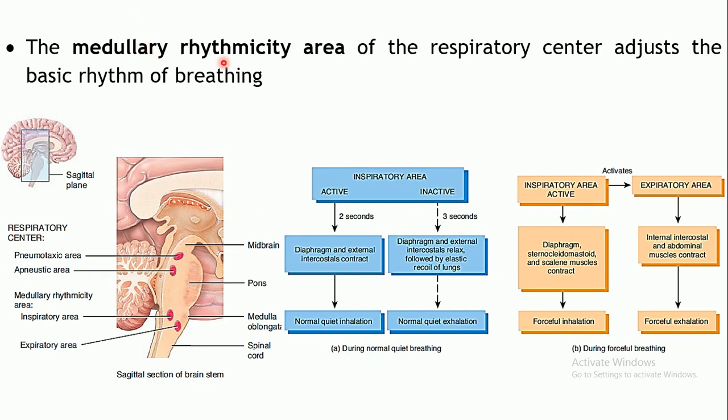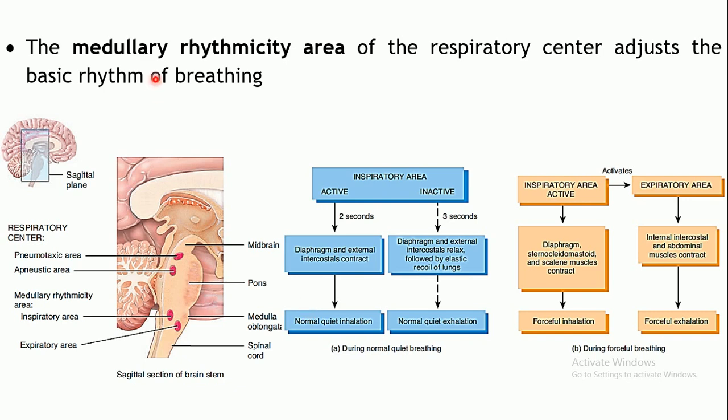Apart from this, there is the medullary rhythmicity area. It comprises the inspiratory area and the expiratory area. Both these help in controlling respiration.